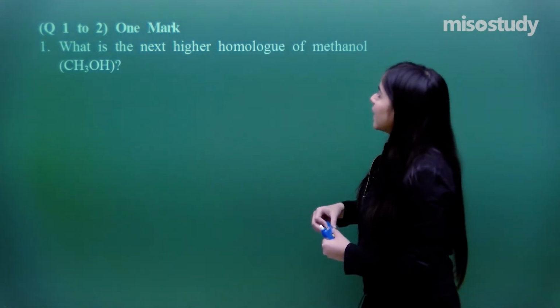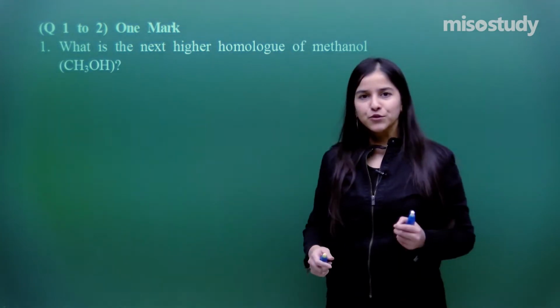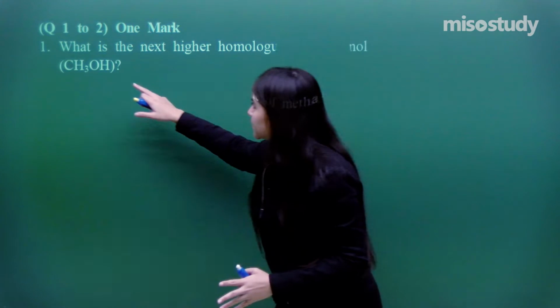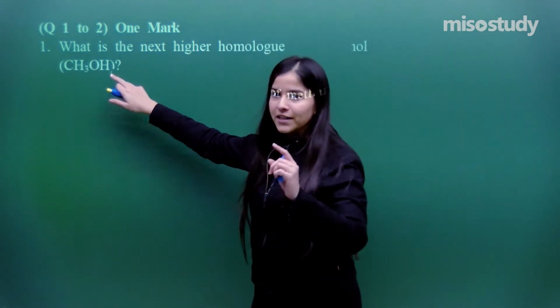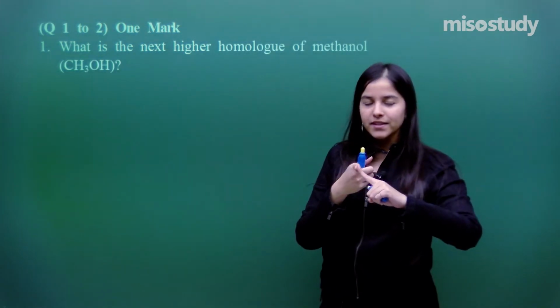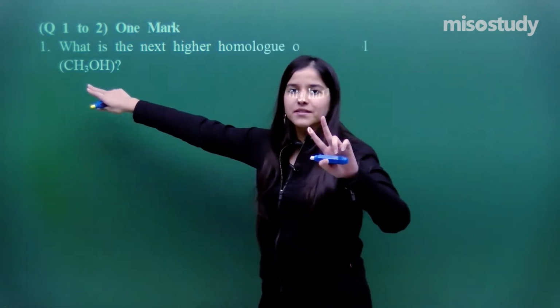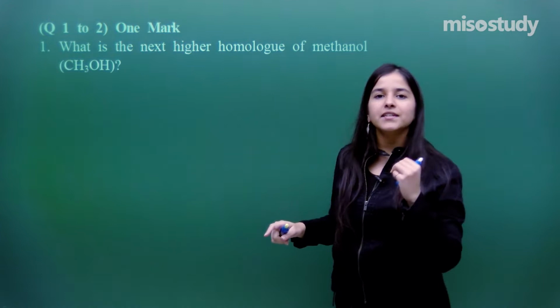What is the next higher homologue of methanol? What is a homologue? That means from the similar series. Here, the series is of methanol. That means I need to include the alcohol, and the next member will have 2 carbons. It started with 1, I need 1 more.